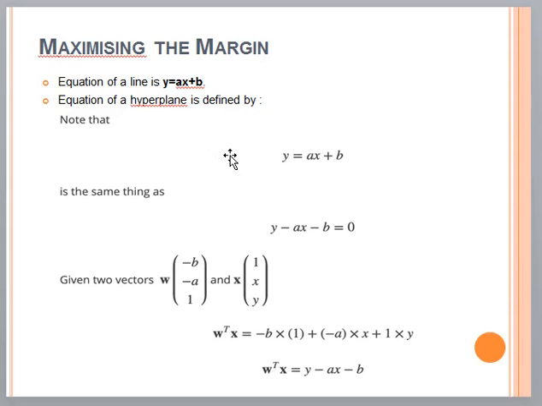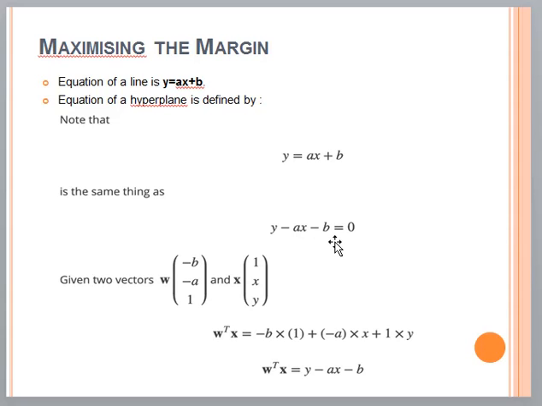We have y equals ax plus b, which is the equation of a line, and this equation can also be represented by y minus ax minus b equals 0. If I take these terms to the other side of the equation, it turns out to be y minus ax minus b equals 0.